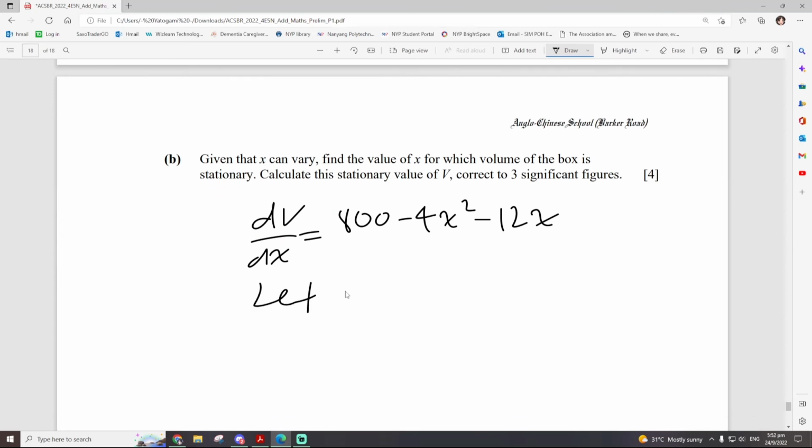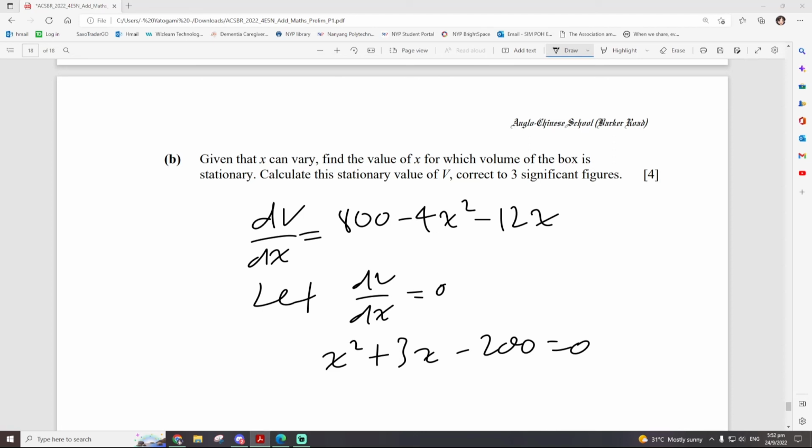Let dV/dx equals to 0. We can actually divide throughout by -4. So we'll get x squared plus 3x minus 200 is equals to 0. And then we can go ahead and solve for the value of x, which gives this.